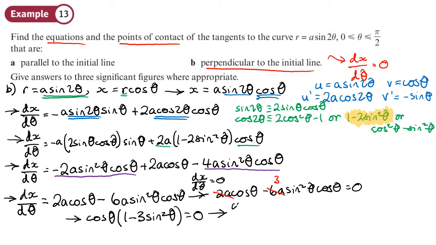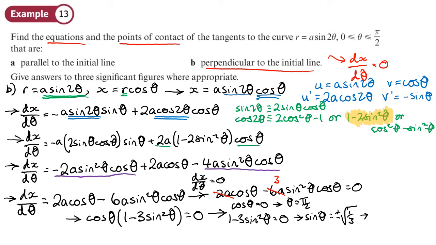So if we solve cos theta equals 0 and we do the cos inverse of 0, we'll get theta equals pi over 2. So we've got 1 point of contact. Then we want to solve the other bit. So 1 minus 3 sine squared theta equals 0, which basically means that sine theta is going to be, we'll move the 1 over, plus or minus root a third.